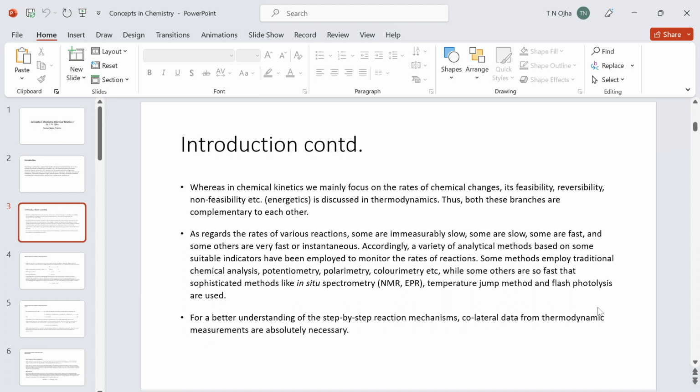Some methods employ traditional chemical analysis, potentiometry, polarimetry, colorimetry, etc., while some others are so fast that sophisticated methods like in situ spectrometry, NMR, EPR, temperature jump method, flash photolysis, etc. are used. For a better understanding of the step-by-step reaction mechanisms, collateral data from the thermodynamic studies are necessary.